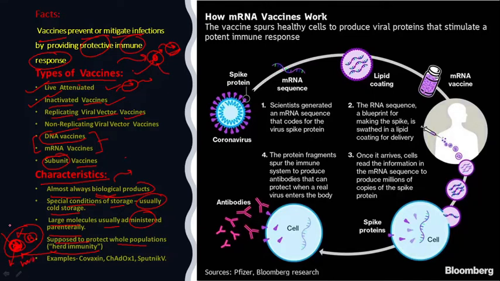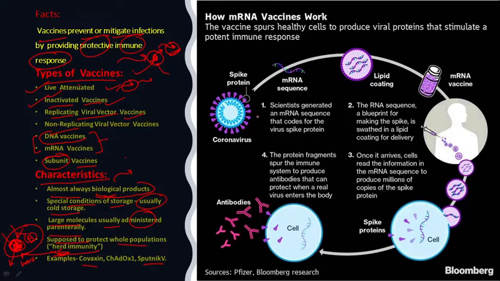So even if the infection arises again, even if the virus mutates, even if the virus attacks again, the subpopulation is already immunized because of the vaccine, so they will have herd immunity. Examples of vaccines in the news were Covaxin, then there was Sputnik V.